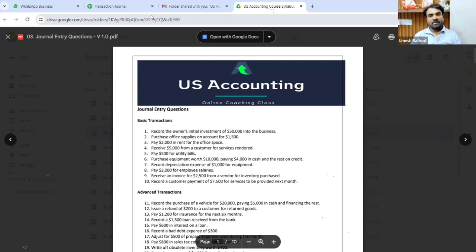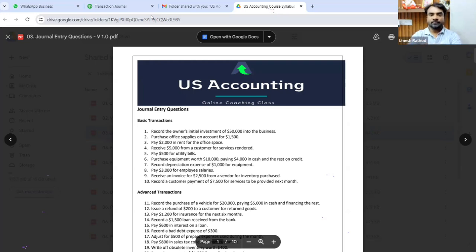The second transaction is when you make the payment. Making payment means bank account credit because balance is going out, right? And we debit the employee payable account. So let's go with the next one.